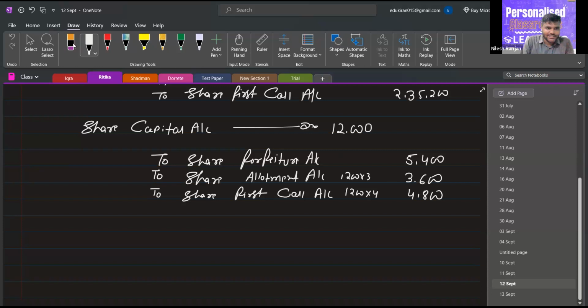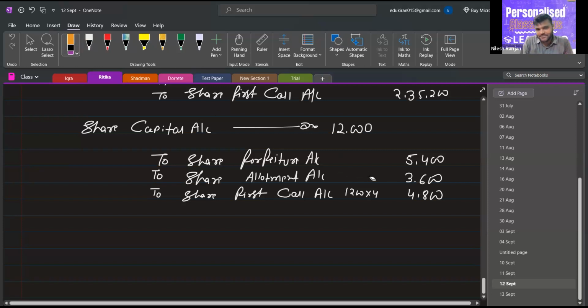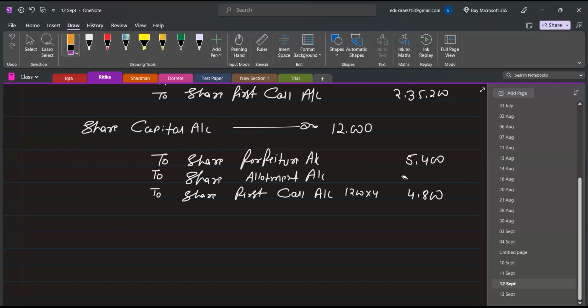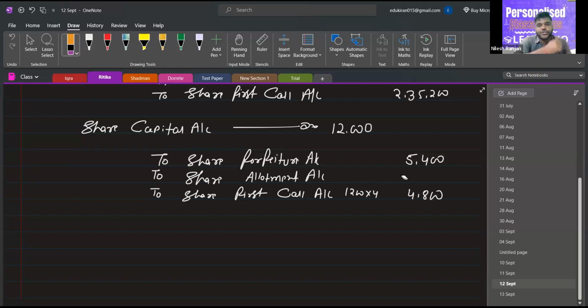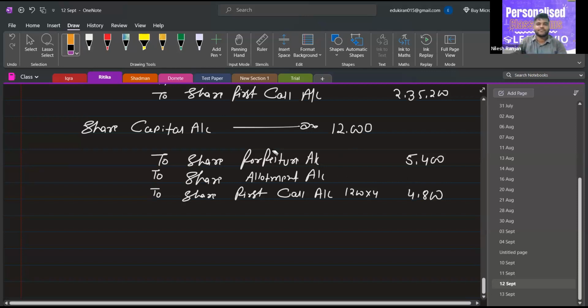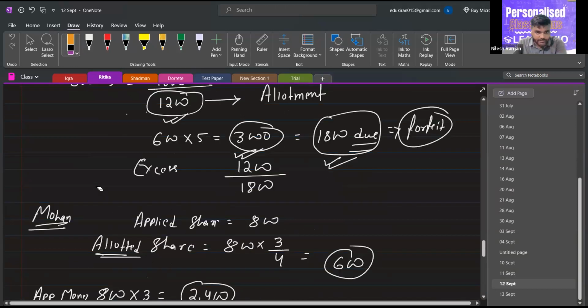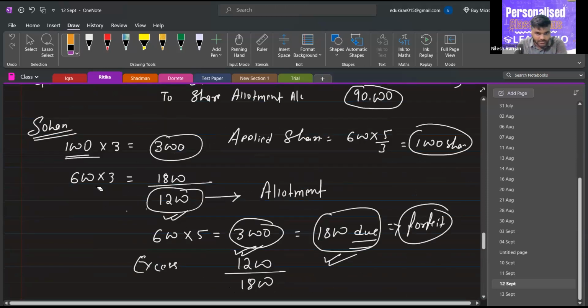Actually, no, it is not correct. It is not as simple as this. I told you that some of the allotment money is paid by them. The amount we don't receive is cancelled. The amount we receive is included in share forfeiture. So first of all, we have to see how many shares we have allotted them. 600.